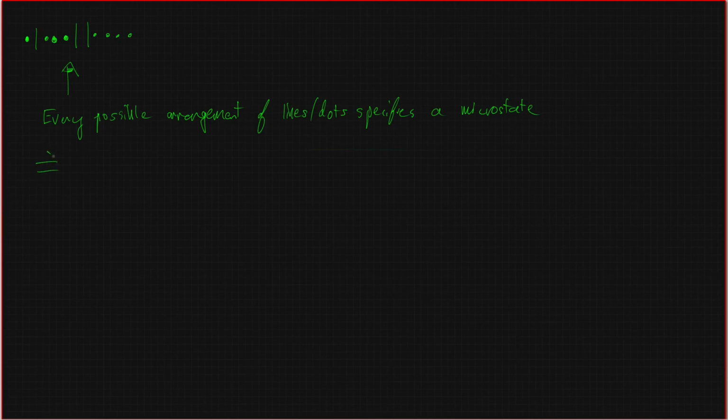So what we need to notice here is that there are q dots plus n minus 1 bars. So this is the total number of symbols that we have available to us.